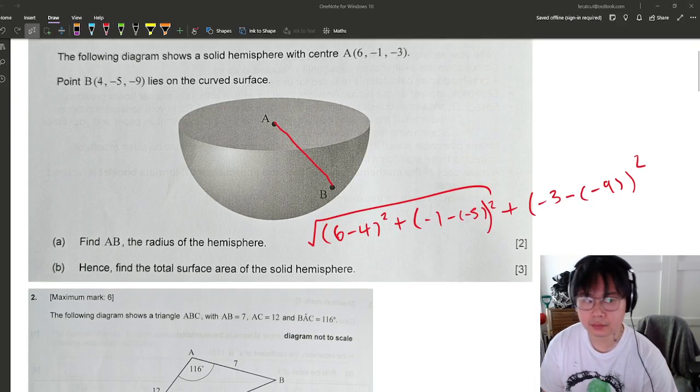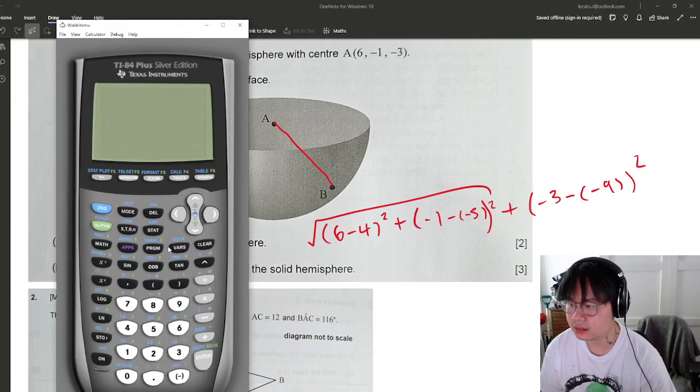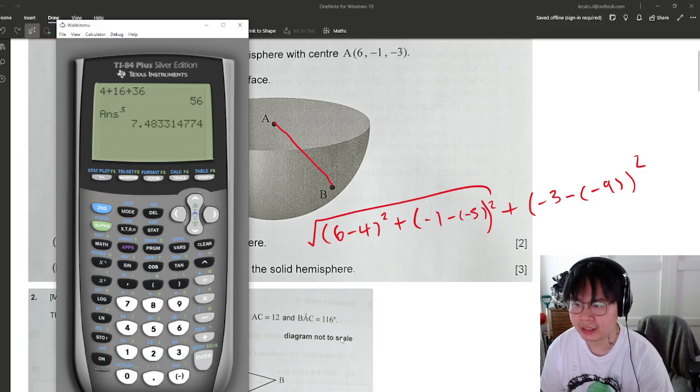And then get your calculator. Okay, 6 minus 4 is 2. 2 squared is 4. -1 plus 5 is 4. Squared is 16. Plus 6 squared is 36. Okay, square root it. There you go. 7.48 maybe?